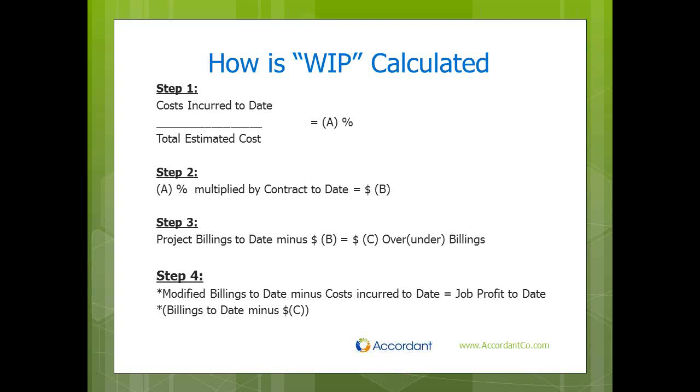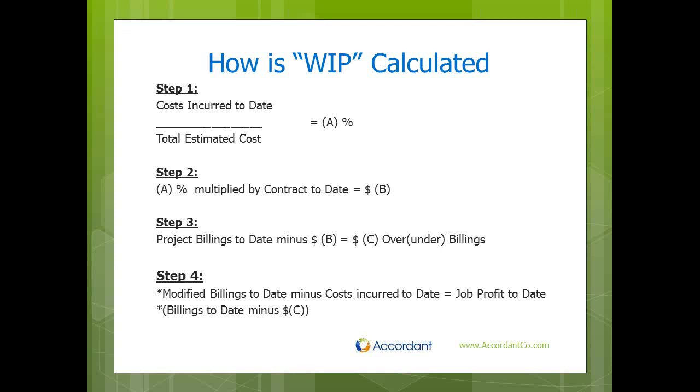This percentage complete is then multiplied by the contract to date. And as we said before, the contract to date includes your original contract plus any approved change orders that are in the system. Once we have that modified billing, we would take our project billings, our contract billings to date, and subtract out that modified billing to give us an over or under billing.